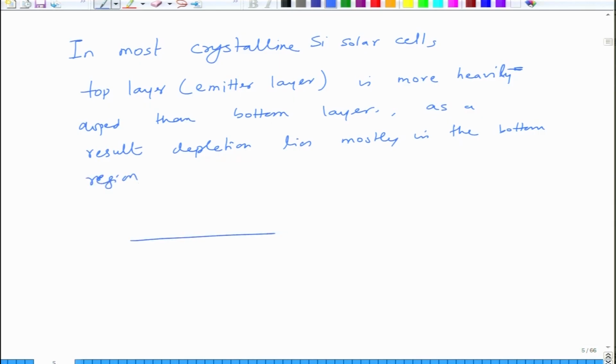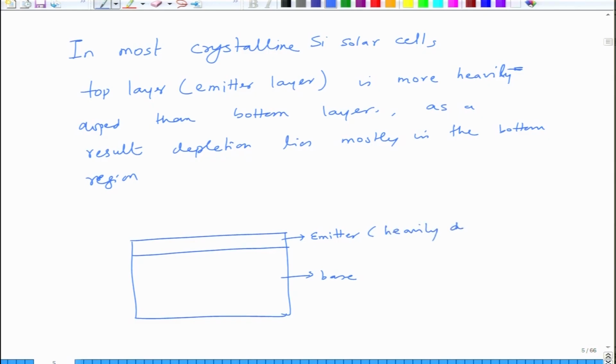So you have a solar cell like this. This is the emitter and this is the base. This is heavily doped and this is lightly doped.